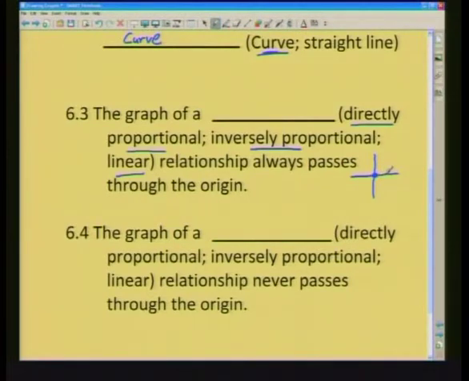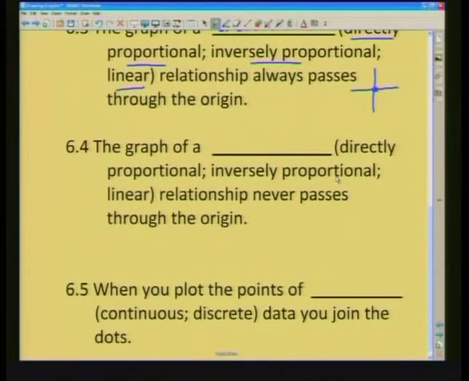So they're asking which one of these graphs will always pass through the origin? And your answer would be a directly proportional graph. Okay, because as one increases, the other one increases at exactly the same time, so they both have to start from the same value of 0. So that will always go through 0, 0, or as we call it, the origin.